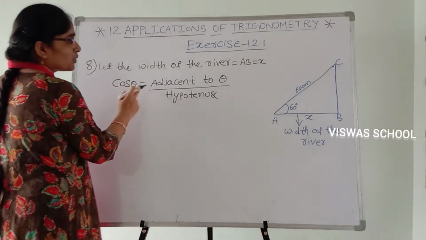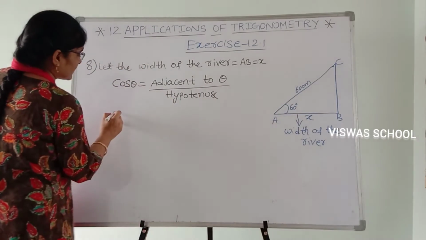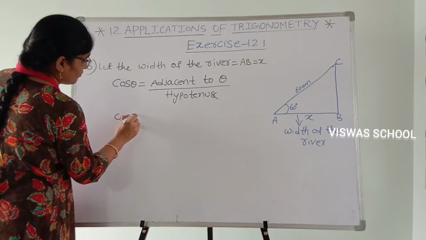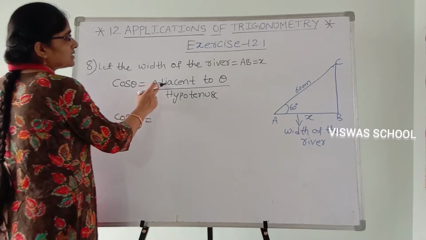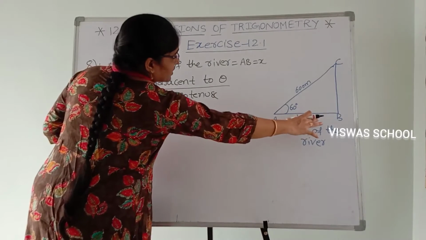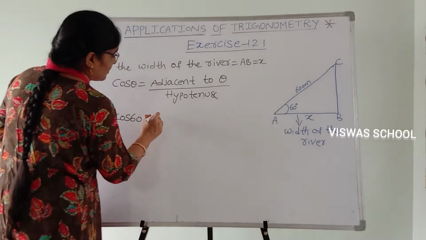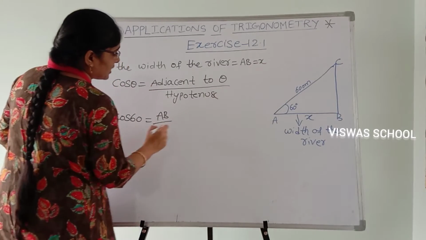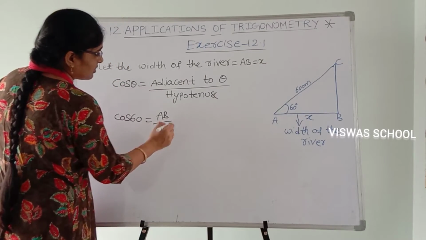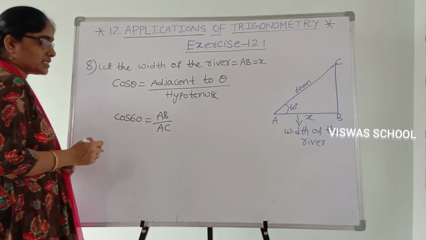Here theta is 60, so cos 60 is equal to adjacent, that is AB, by hypotenuse, that is AC. AB by AC.